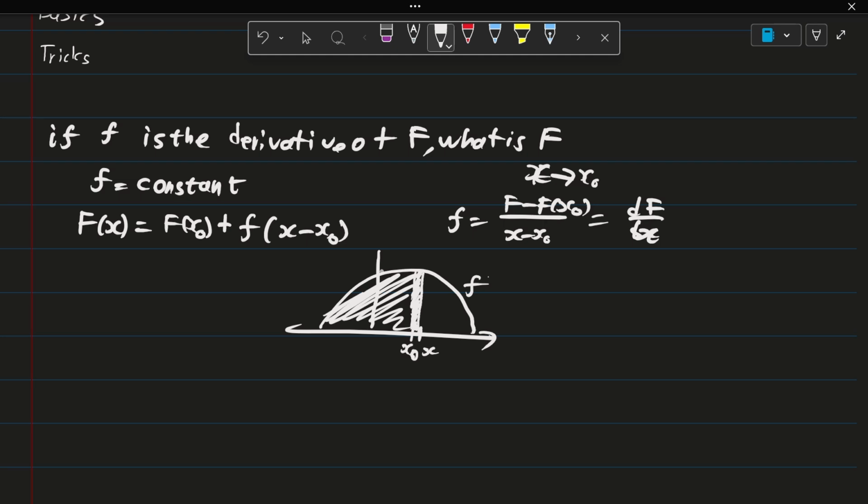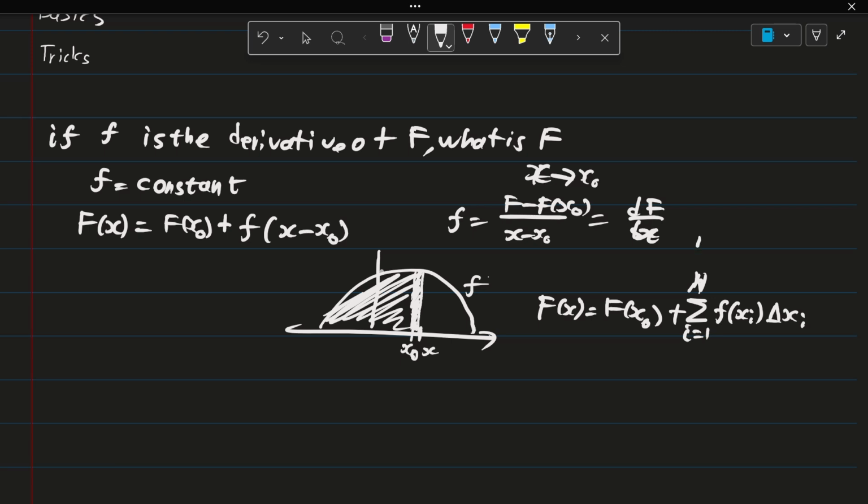So we could express this as F(x) equals F(x0) plus the sum of the function at each of these xi multiplied by delta xi, from i equals 1 to n, let's say. n really depends on the number of sections that you cut.